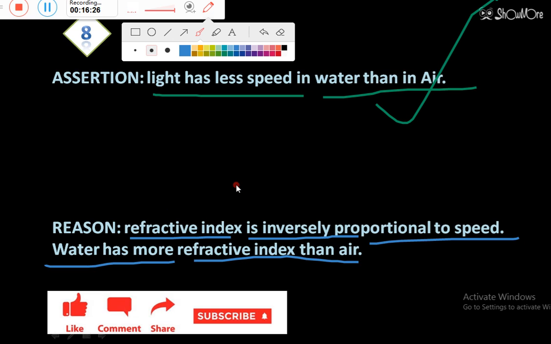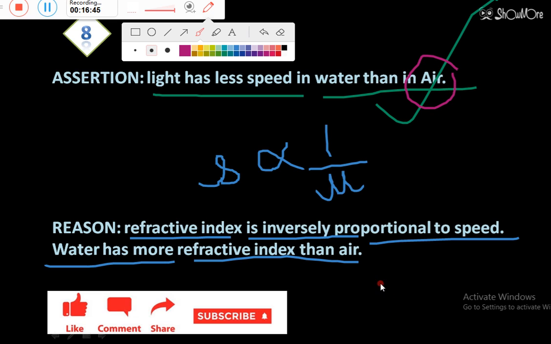So in this he has given the complete explanation that speed is inversely proportional to refractive index. So the refractive index of water is more, that's why its speed is less in water. Speed of light is less in water as compared to air. So this is again the true explanation, and this is also true, and both are interlinked.